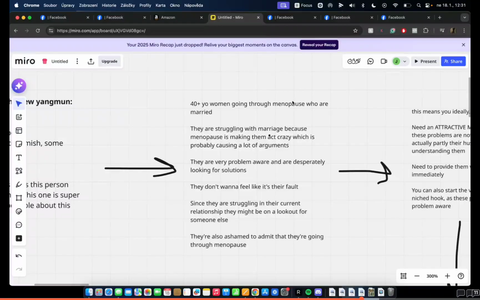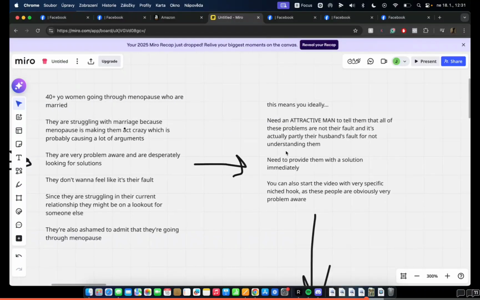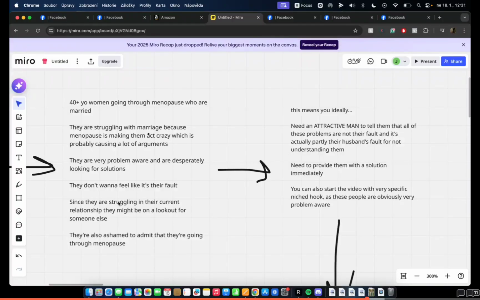So this is what you get if you do proper customer research about a 40-plus-year-old woman going through menopause who's married. You're then going to have all of this information, and that means, since they are struggling in a relationship and might be on the lookout for someone else, you ideally need an attractive man to hook them first.